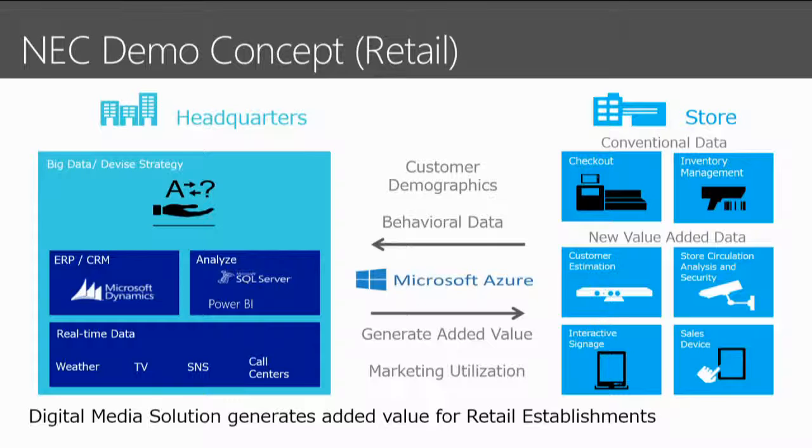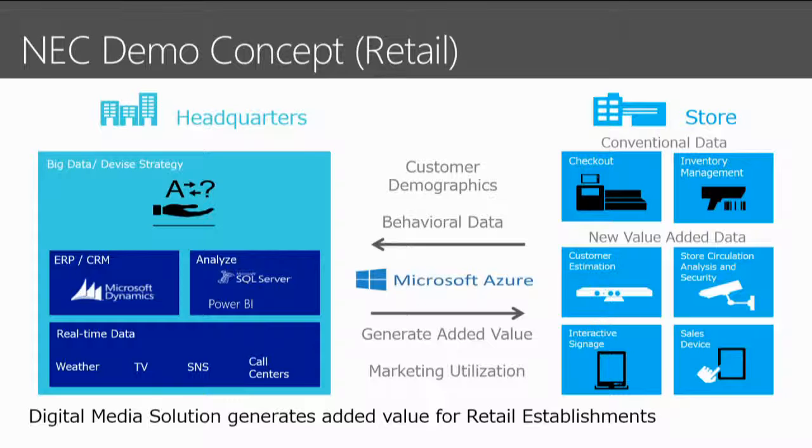But using these technologies, we can find out what kind of people are coming to the store and how they behave within the store. That is very unique information to go to the next step. So what we did is identify people's face and estimate the age and the gender, adding to the existing ERP and CRM information.